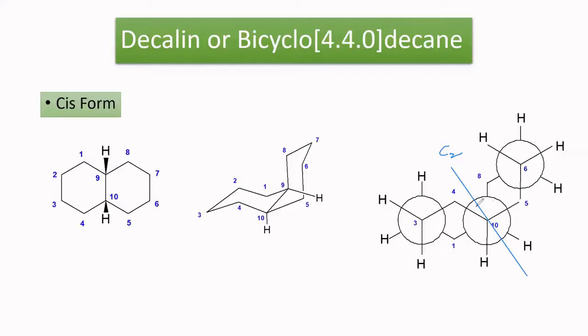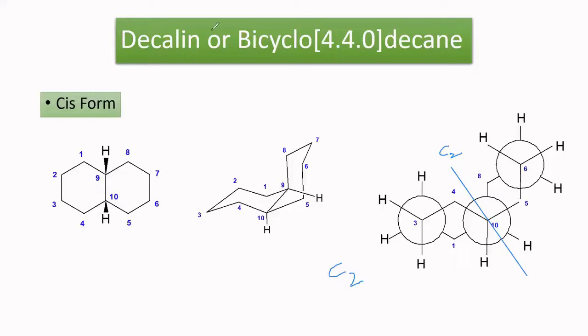They are not mirror images of each other. Because of that, we can say this particular molecule does not have sigma V. So there is no sigma H, there is no sigma V. So what is the point group? C2 point group. So this molecule has the C2 point group.